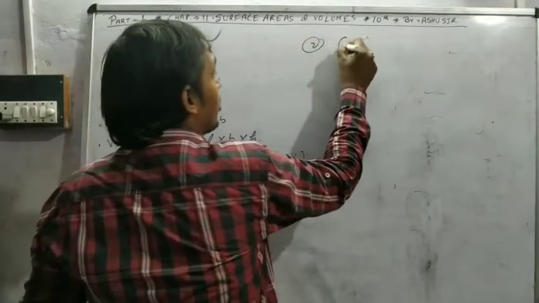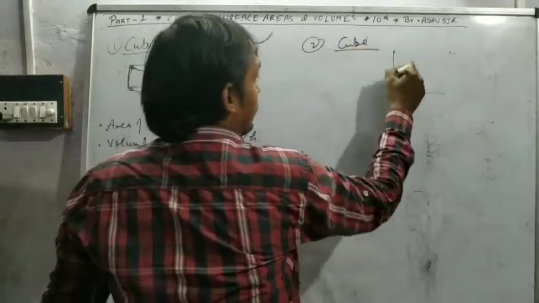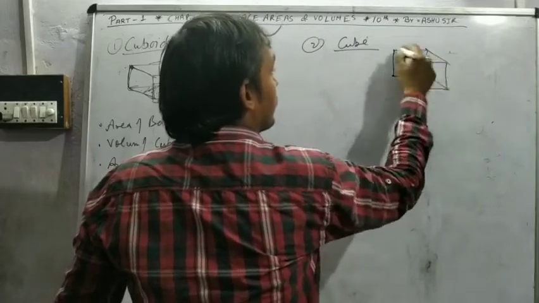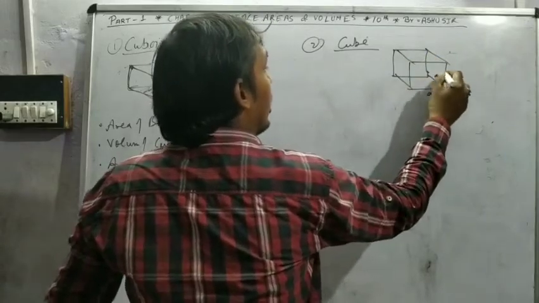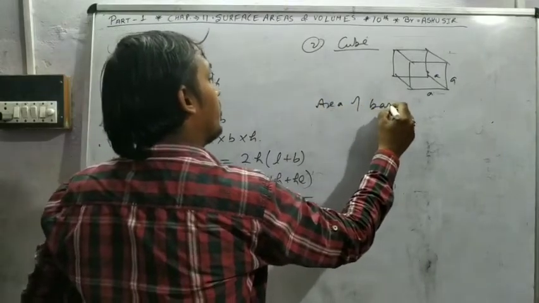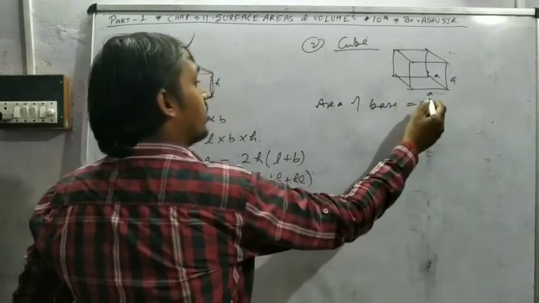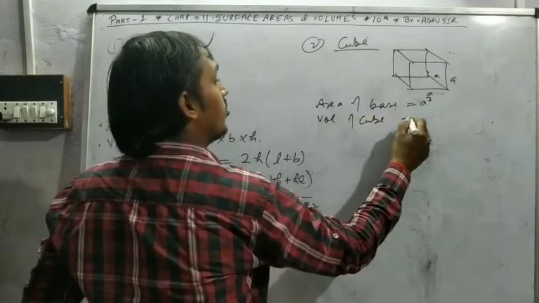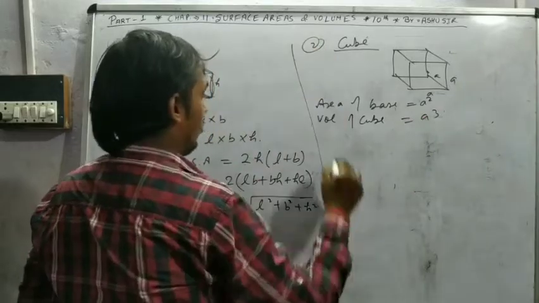Second is cube. Length, breadth, height are the same, so same formulas. Area of base A square, volume of cube A cube, that is length, breadth into height.